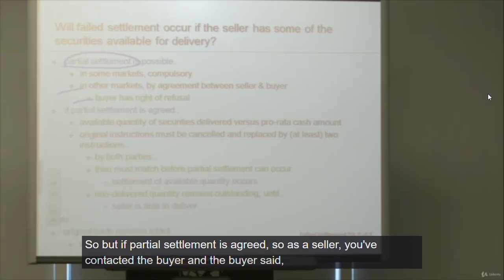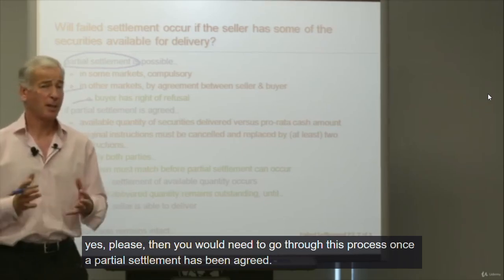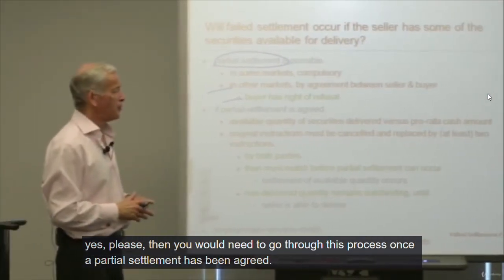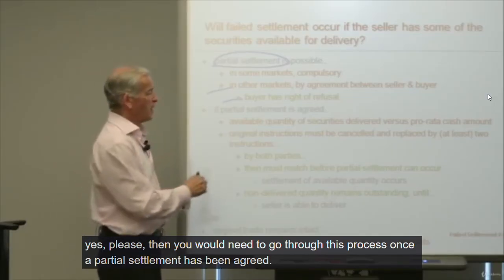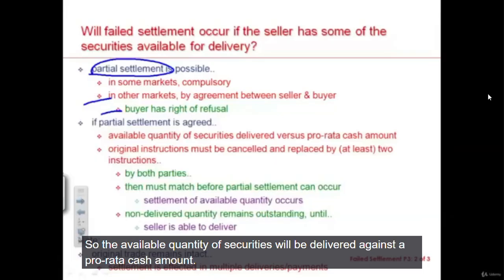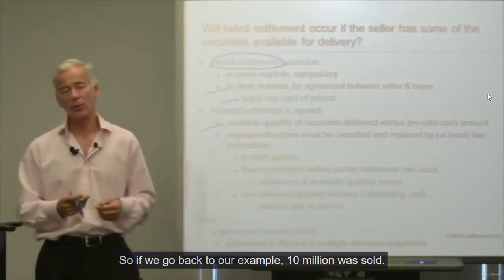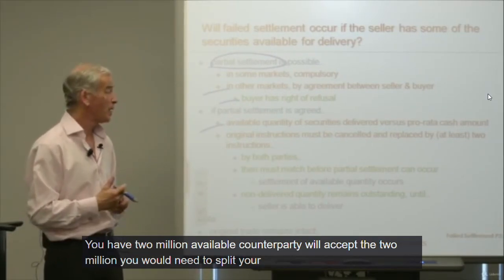But if partial settlement is agreed, so as a seller you've contacted the buyer and the buyer said, yes please, then you would need to go through this process once partial settlement has been agreed. The available quantity of securities will be delivered against a pro rata cash amount. So if we go back to our example, 10 million were sold, you have 2 million available, the counterparty will accept the 2 million.